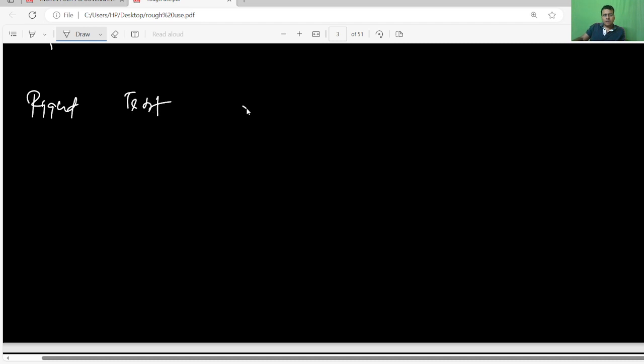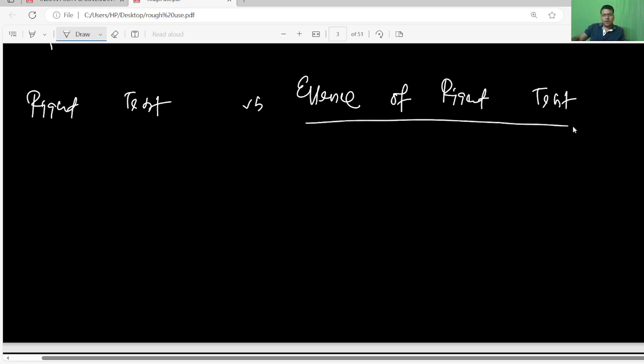Rights test versus essence of rights test. Look, I'm giving you an example. For example, a particular right: the right to life, Article 21.